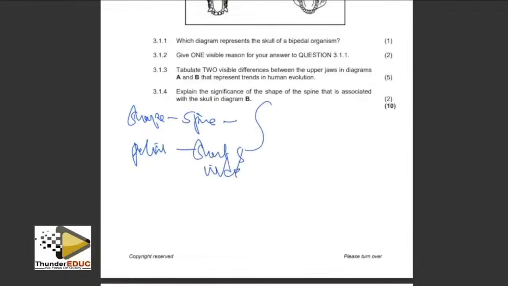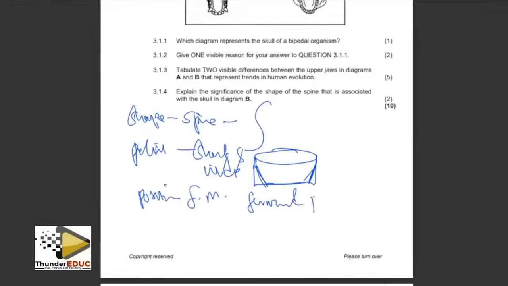These are factors which affect bipedalism. Wide and short. And then the third one is the position of foramen magnum. It is in a forward position. Now, before I explain this, what is bipedalism? We changed this. You don't just say that bipedalism is walking on 2 limbs. Which limbs? Hind limbs or forelimbs?